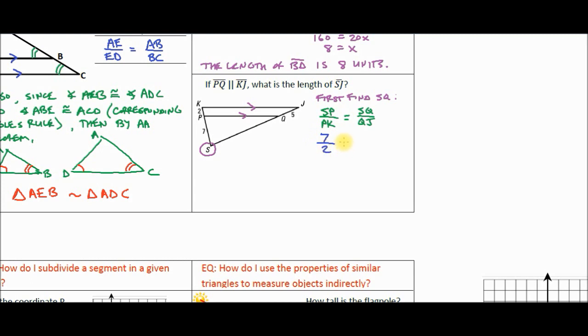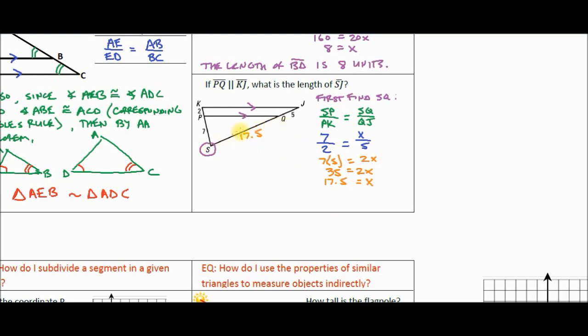PK is 2. SQ is our unknown. QJ is 5. Let's go ahead and use cross product. 7 times 5 is equal to 2x. That means 35 is equal to 2x. Divide both sides by 2 and you get x equals 17.5. So SQ is 17.5.